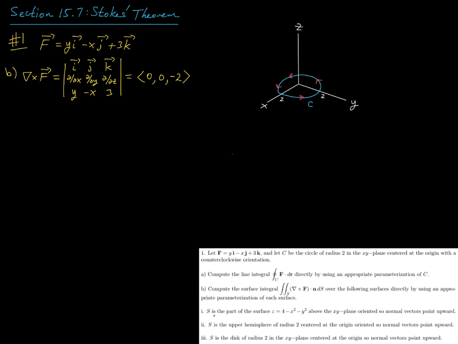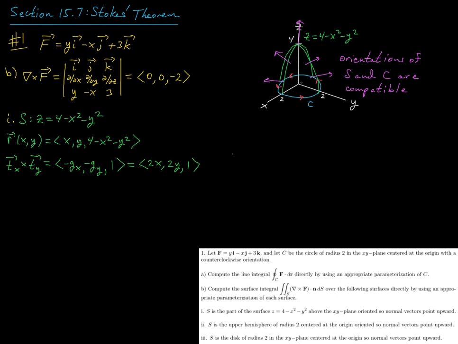Now for part 1, S is the part of the paraboloid z is 4 minus x squared minus y squared above the xy plane oriented so normal vectors point upward. Okay, so first note that the intersection of this paraboloid with the xy plane is this circle C, right? Because if z is 0, we get x squared plus y squared is equal to 4, and that's just the circle of radius 2 centered at the origin in the xy plane.